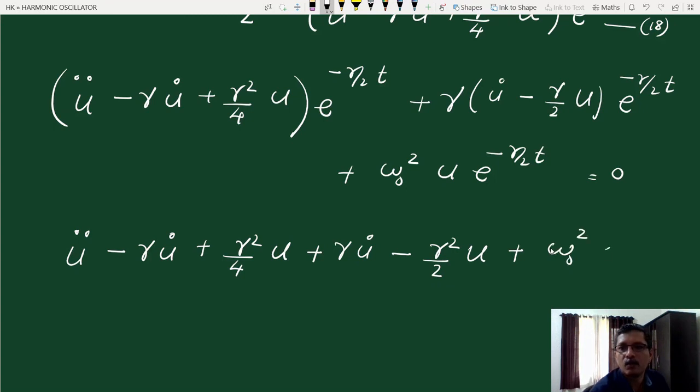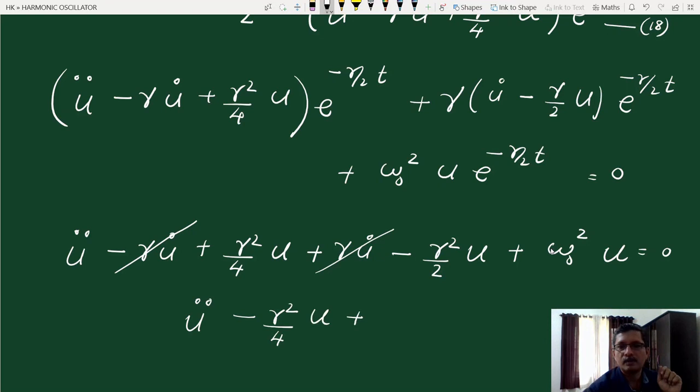In the third term we have omega 0 square times u equal to 0. Minus gamma times u dot and plus gamma times u dot will cancel. Plus gamma square by 4 times u minus gamma square by 2 times u. So we have u double dot plus, gamma square by 4 minus gamma square by 2 will be minus gamma square by 4 times u, plus omega 0 square times u equal to 0.